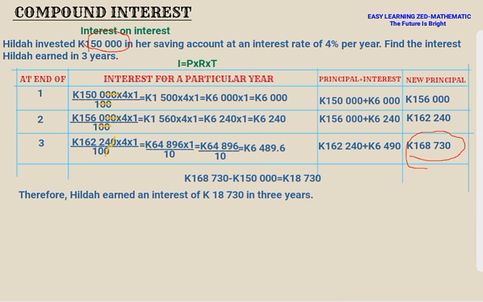Okay, but when you're investing, go for a bank that is offering compound interest and not simple interest. When you go for a loan, go for the one which is offering simple interest. When you go for an investment, go for the one which is offering compound interest.